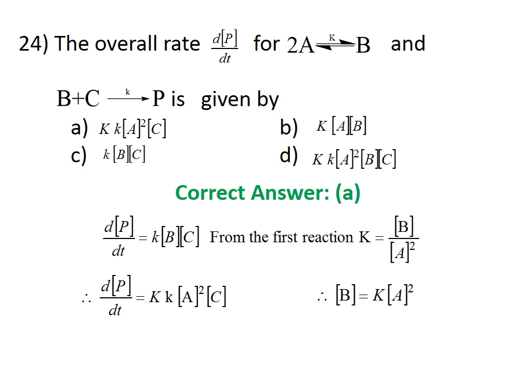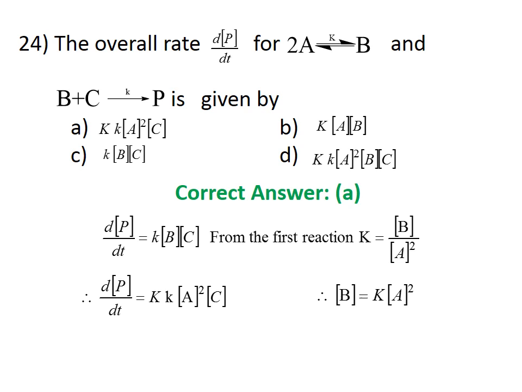24. The overall rate dP by dt for 2A reversible to B, and B plus C gives product, is given by. Here the very important point is we have to apply the steady state principle. For the second equation, you calculate the rate dP by dt will be equal to k into concentration of B into concentration of C. Here B is the intermediate and we have to calculate the concentration of B from the equilibrium constant.